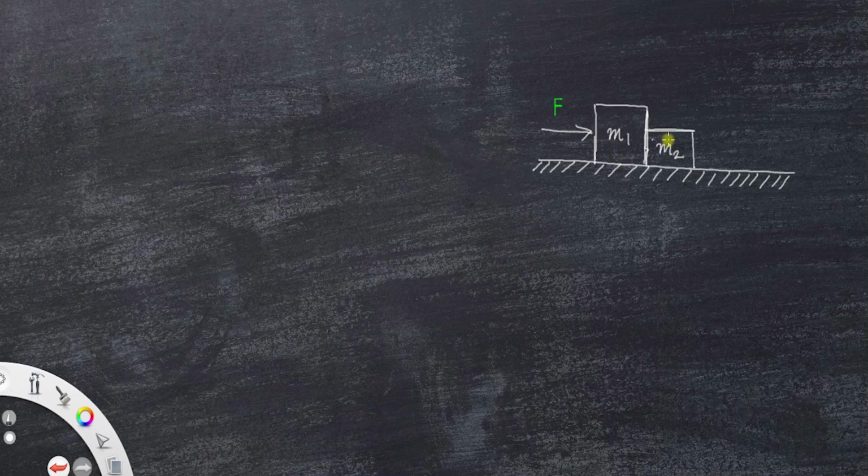So first we have to find the acceleration. For that, let us consider these two masses as a single unit. Let's say that has some mass m, which is equal to m1 plus m2. I'm considering these two masses as a single mass, and I just applied a force F. Now we have to find the acceleration.